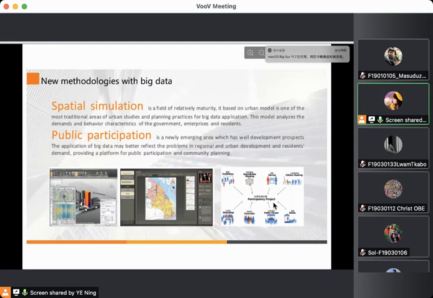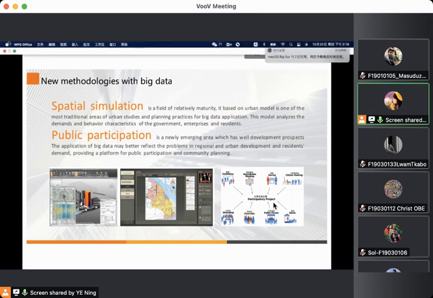The second is for public participation. Everyone can in the future participate, as a knowledge resource. For example, we have laptops, right? We have smartphones, right?